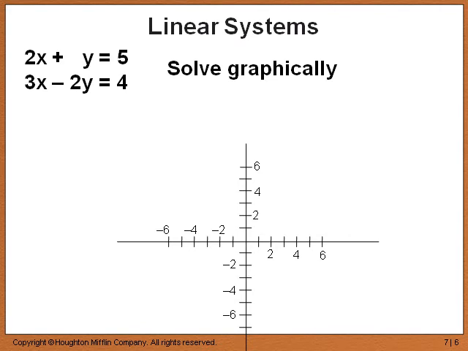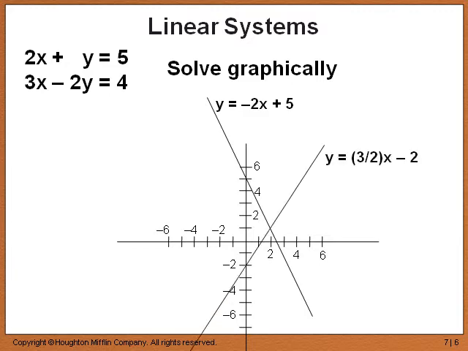All right, so if you graph each of these lines, you'll get something that looks like this. This is the graph of one line, y equals negative 2x plus 5. That's the first line. And this is the graph of the second line. y equals 3/2 x minus 2 is really the same as 3x minus 2y equals 4.